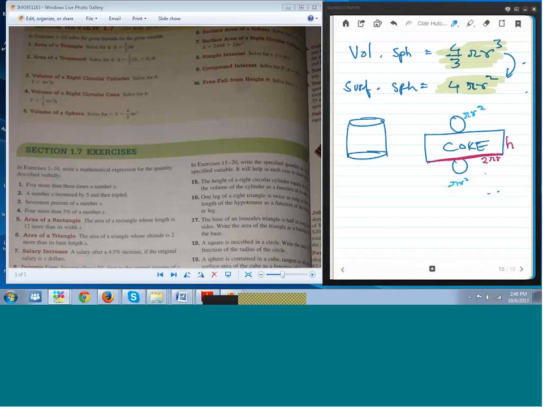The top of the Coke can needs this much tin. The bottom needs this much tin. And the middle is a rectangle. And the rectangle is what? Base times height. So the base is 2 pi r, and the height is height, right? So you can use common sense to break it down into 3 parts and do it. So you don't have to memorize number 7 either.